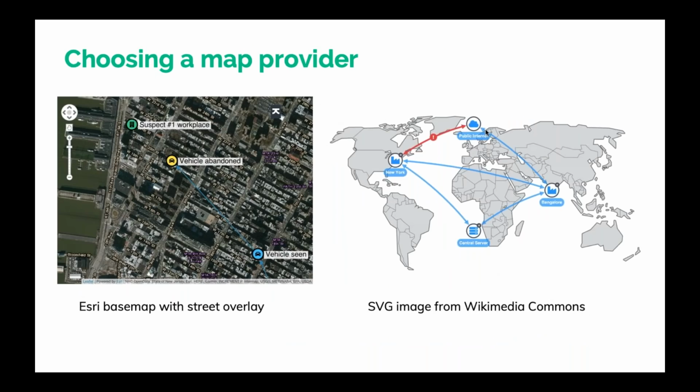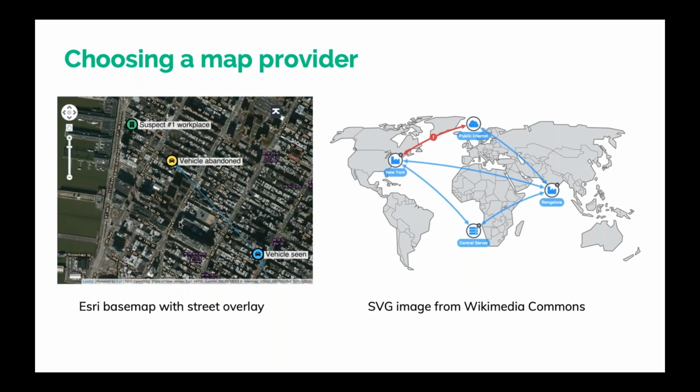So finally, I wanted to talk about the map tiles themselves and choosing the best map to use for your data. There is certainly more than one way of doing this, and I've got two good examples which illustrate it here on the screen. The one on the left is using base map tiles from Esri. It's using a satellite view of part of a city, and superimposed on that is an overlay showing the names of streets.